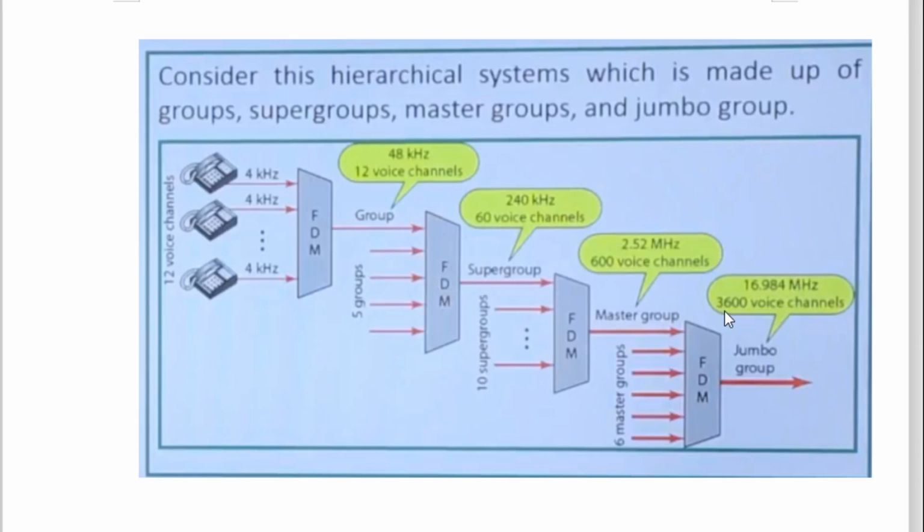Therefore, there will be 3600 different carrier frequencies. And unfortunately, if any two voice channels get the same carrier frequency allotted, then crosstalk will happen.